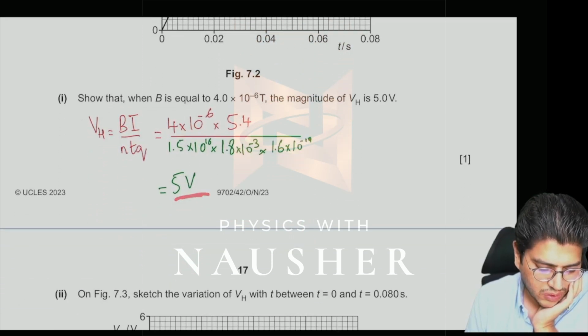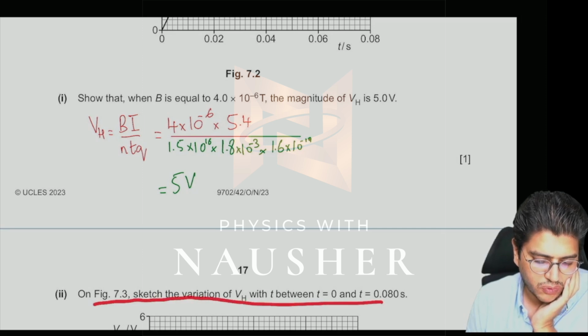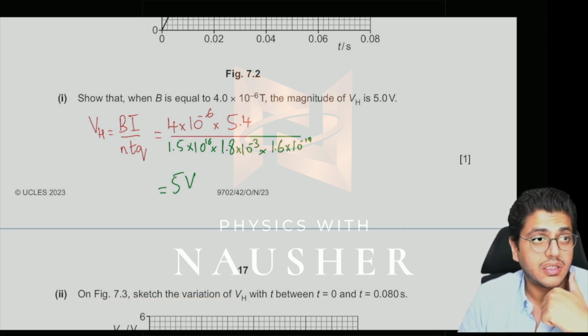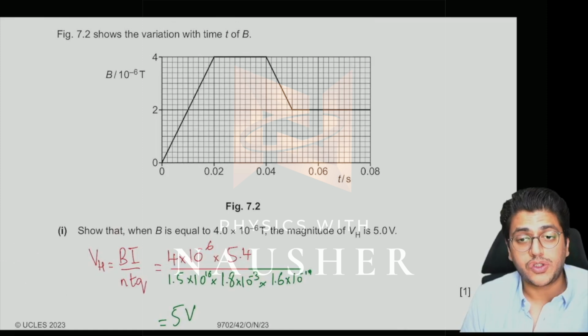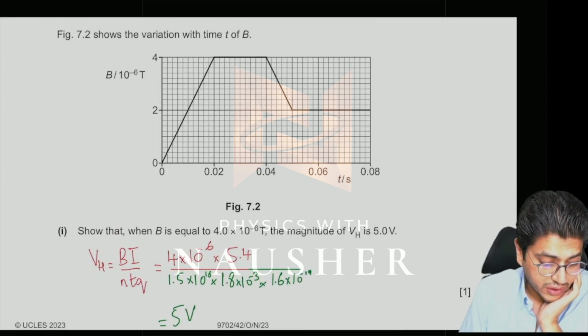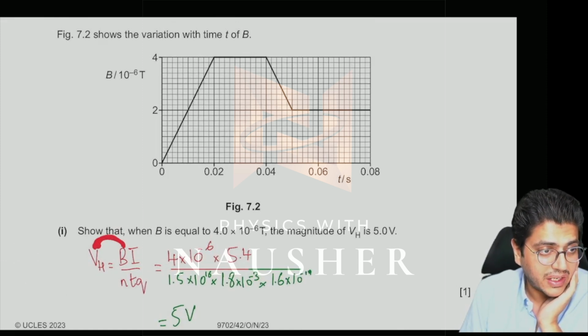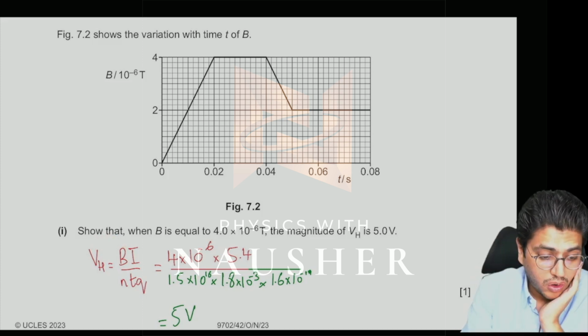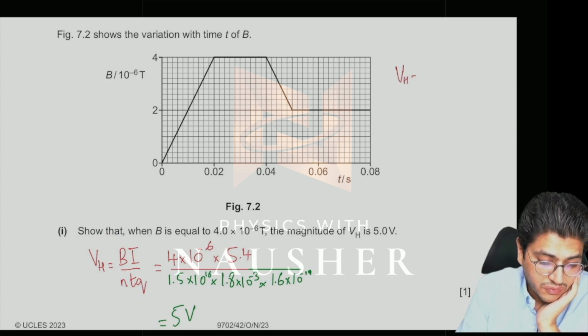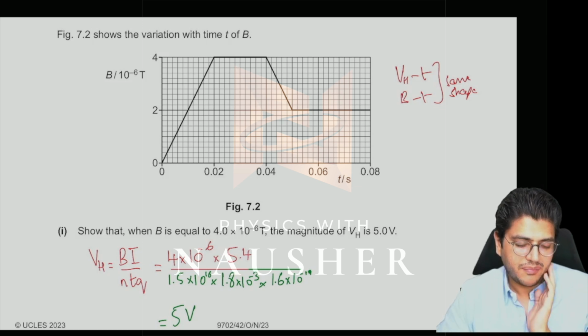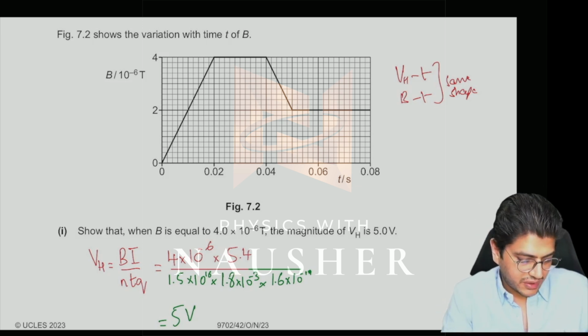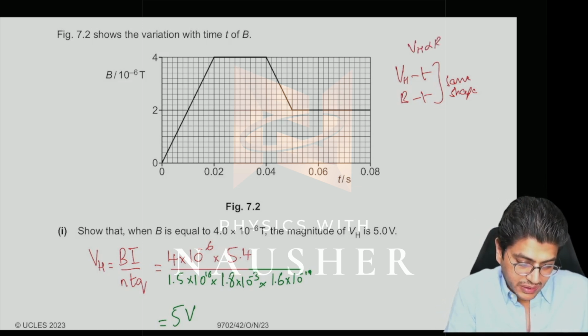Next, on figure 7.3, sketch the variation of Hall voltage. Like I said, if you have a magnetic field, you will have a Hall voltage. And if you look at this equation, Hall voltage and B have a direct relationship. Remember, Hall voltage versus time and B versus time have the same shape, 100%, because they have a direct relationship.